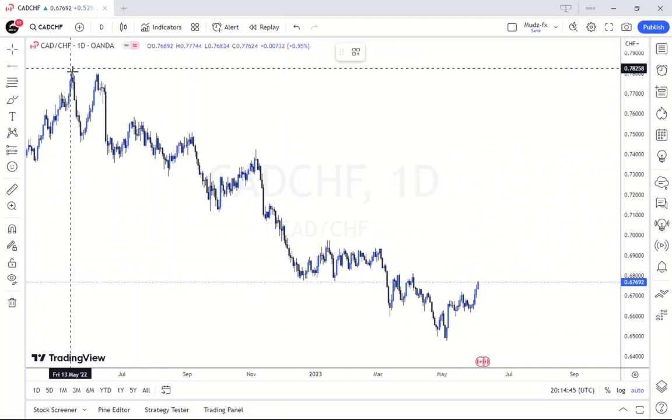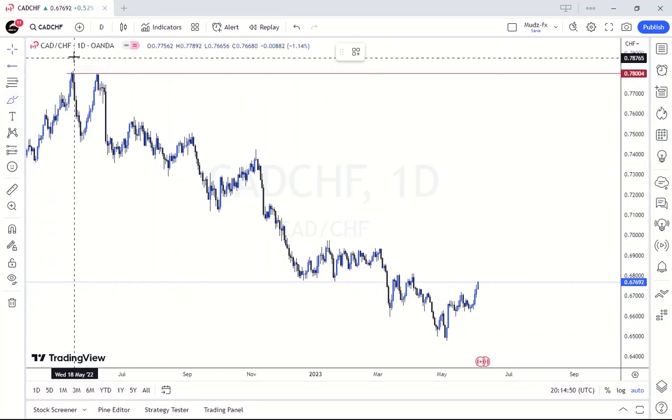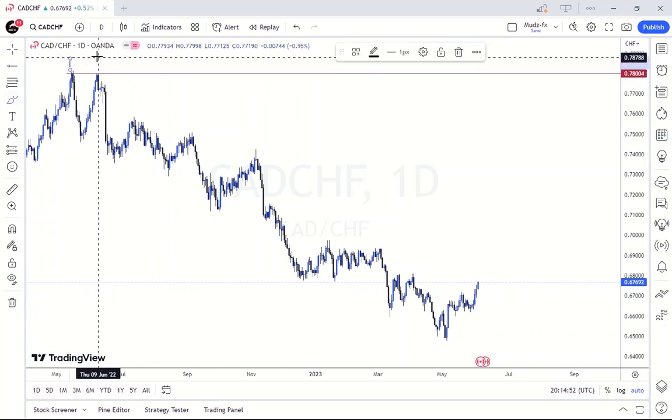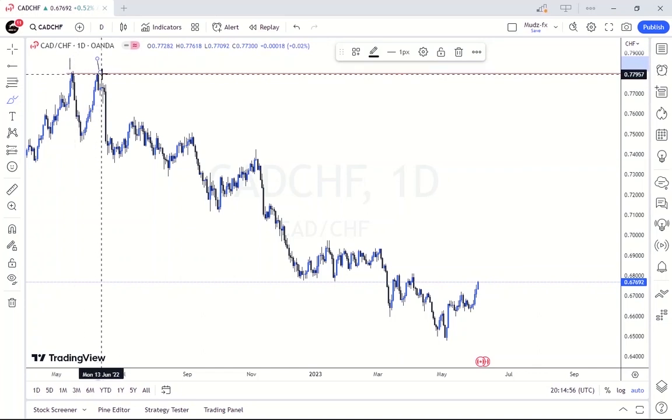Okay, so as we can see, we have 2 highs here that are equal. So from here we don't know whether the market is gonna make an uptrend or a downtrend. So we have to look for a lower high, a high that is lower than this one, right?